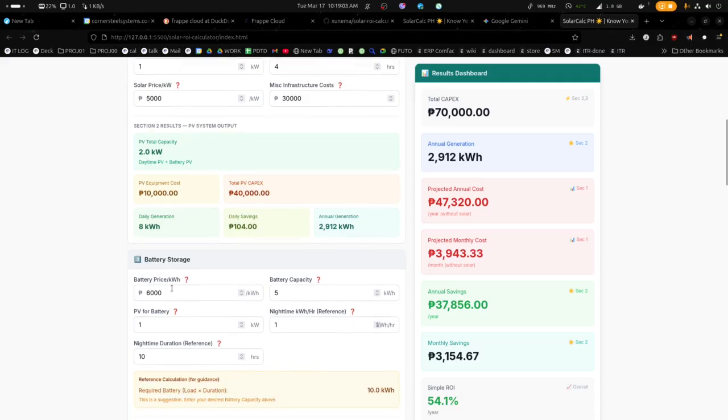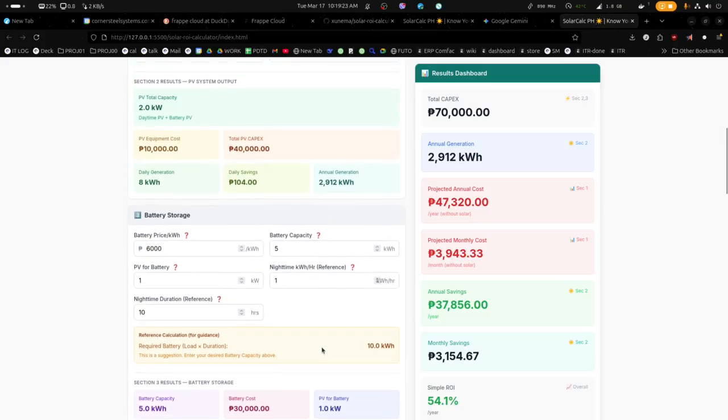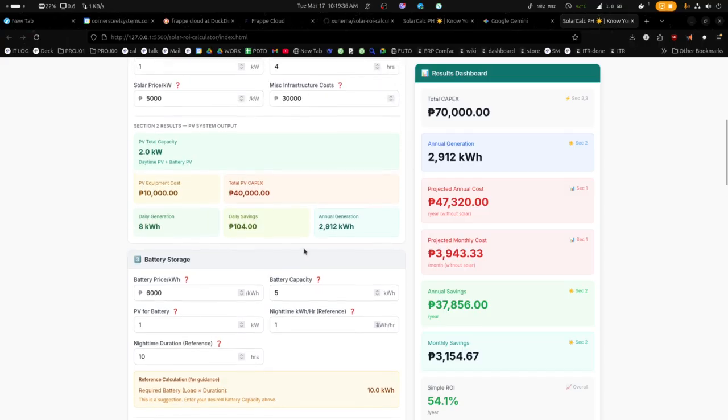When people do calculations like the ROI is 7 years, I don't understand. It's not clear how they did the calculation. Batteries just add to the capex. But the thing about batteries is that it depends on how much battery you put in. If you're putting in 10 kilowatts of battery so that you can use it at night, that's electricity you're not paying for.